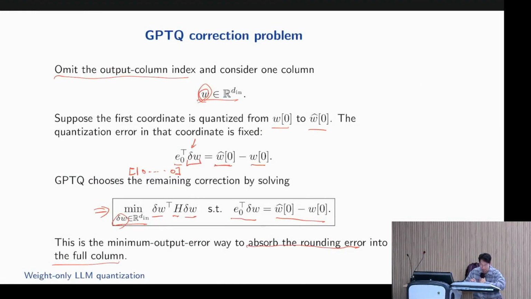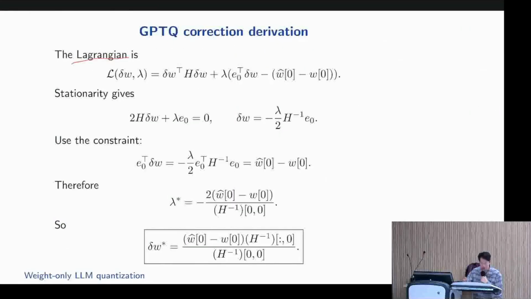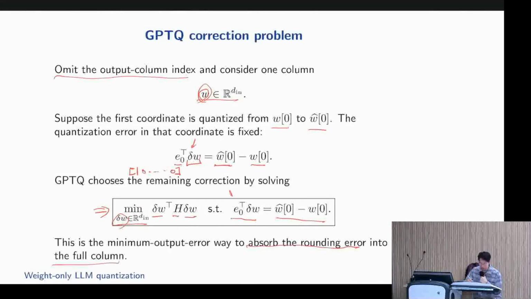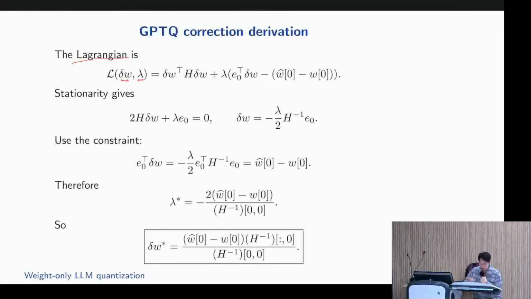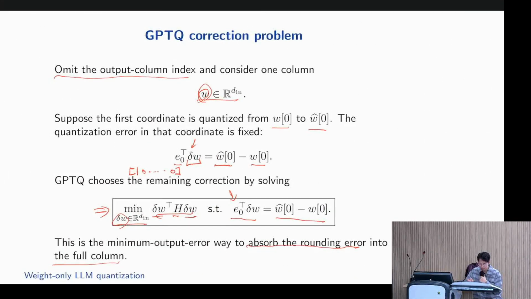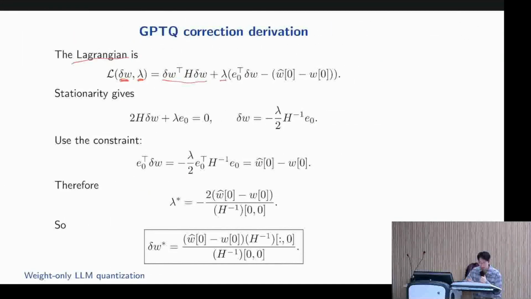Okay, so to solve this constrained optimization problem, I'm going to formulate a Lagrangian. So we have primal variable delta W and dual variable lambda. You have one dual variable for one constraint, so you have a single dual variable here. This is the objective, right? I copy-pasted the objective plus the dual variable times the constraint, take the gradient, and set it equal to 0.